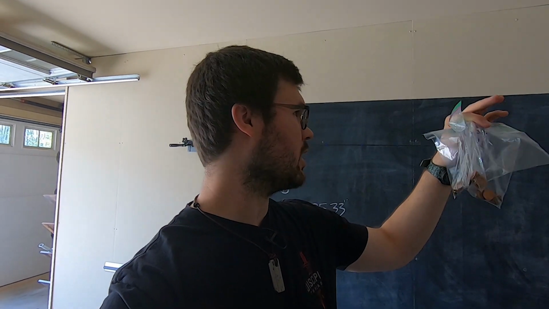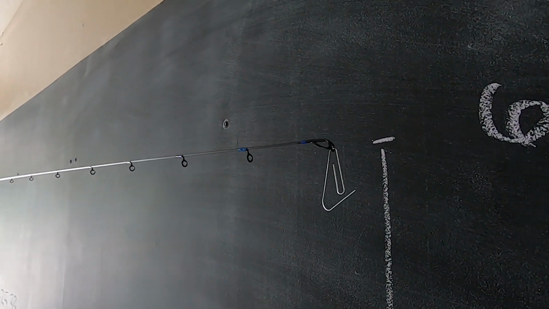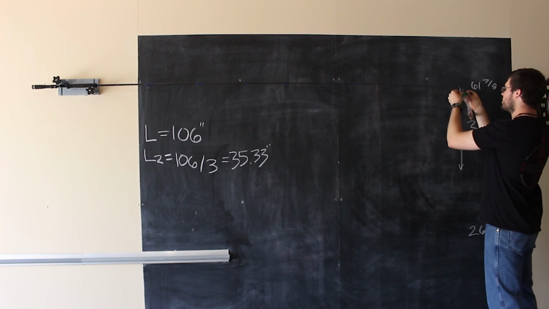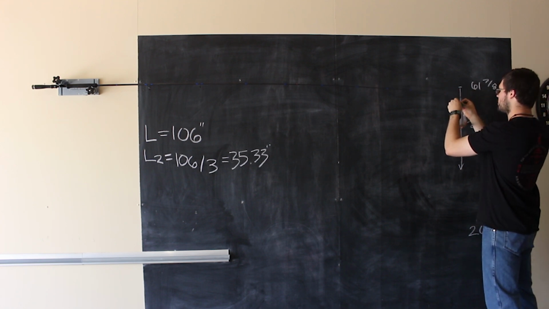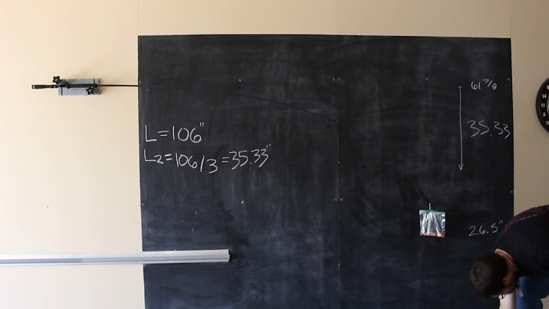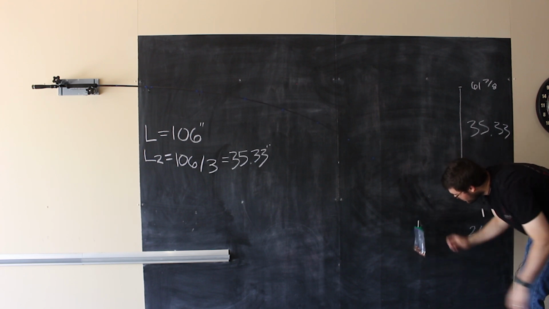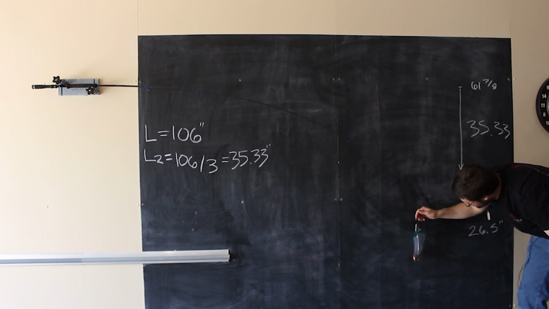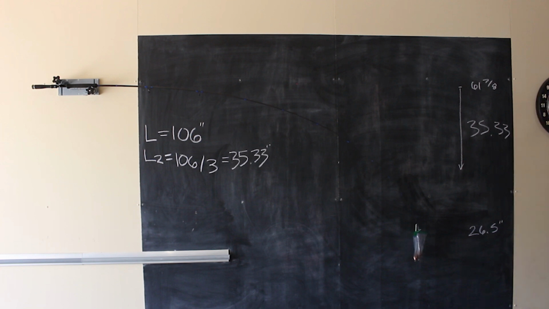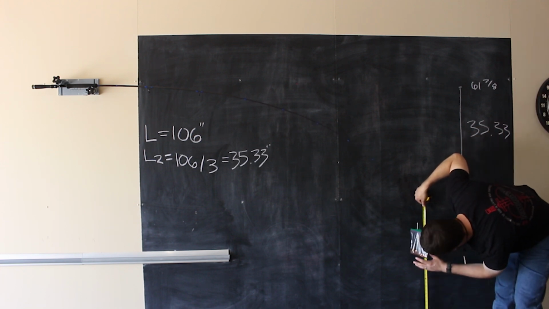So you can just count them all out at the year. And I just have them in Ziploc bags. And we got a paper clip to hold them. So this will get us real quick. Here's a bag of 100. And then we'll go 125. Ooh, 126, we're pretty close.